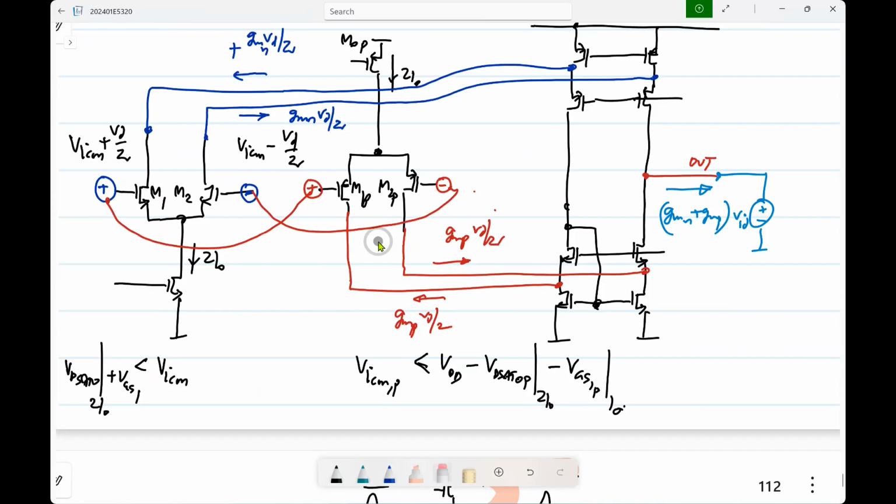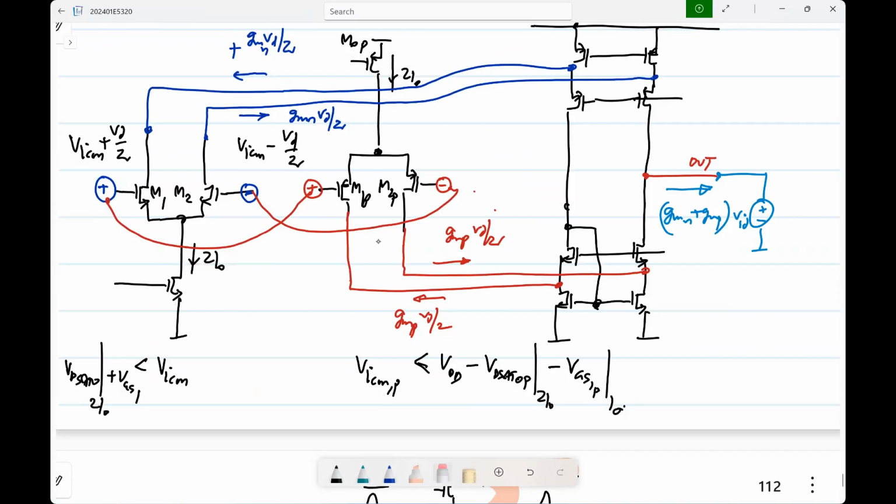So those complications are there, and people have tried to come up with fancy ways of deriving these tail currents, so that you can make the tail current itself dependent on the input common mode, so that the GM remains more or less constant. Okay, so that is one of the problems. GM is dependent on the input common mode voltage.